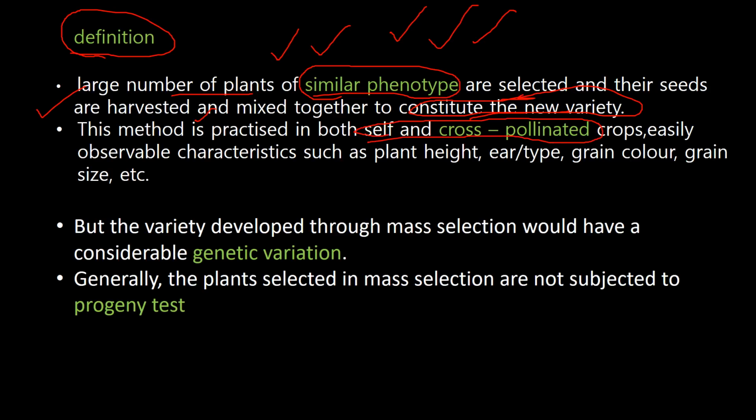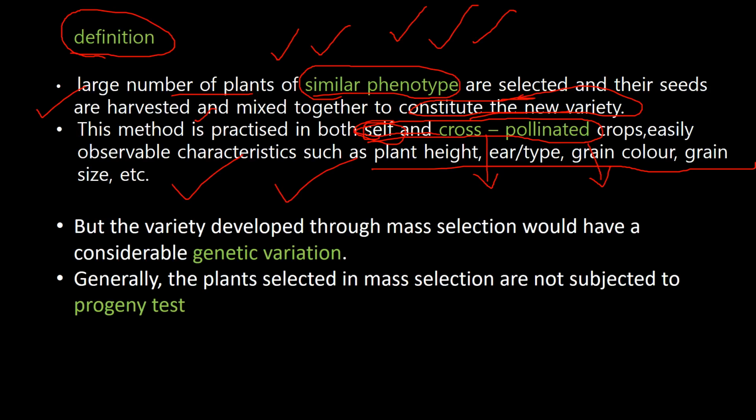So you can clearly see that this is one of the main advantages when compared to pure line selection, which is only for self-pollinated crops. Here, cross-pollinated crops are also undertaken, and easily observable characters such as plant height, ear type, grain color, grain size, etc. are taken.